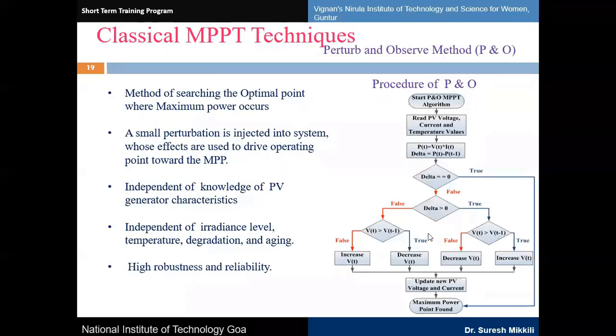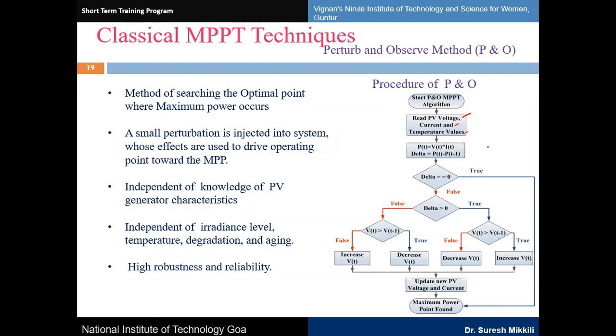See here in the P&O what we are doing. We read the PV voltage, current and temperature values. The power is the multiplication of V and I. Then the change in power is the present power minus the previous power. If the change is equal to 0, that means the previous power and present power are at the same level.